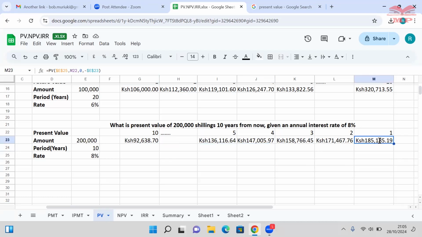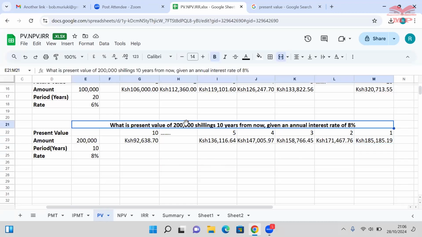So if I want 200,000 1 year from now, how much do I need to invest at 8%? I would need 185,000. So it's very close to the goal because the period here is shorter. I would need to invest a larger amount of money for me to reach that goal of 200,000.